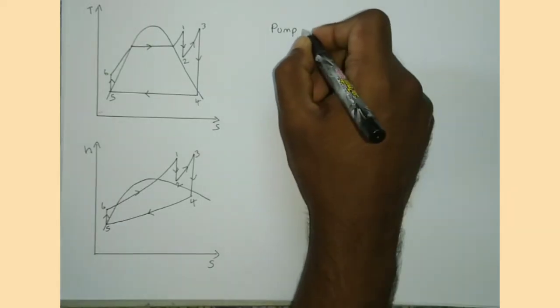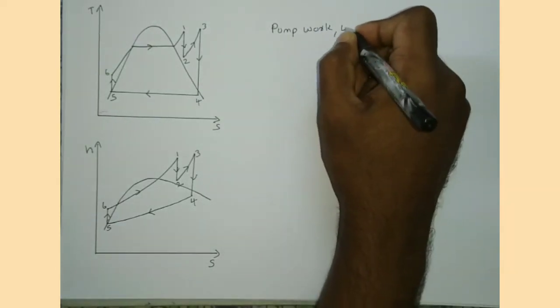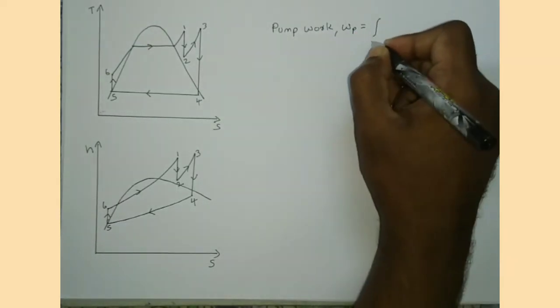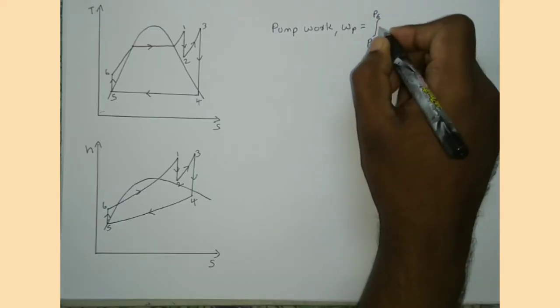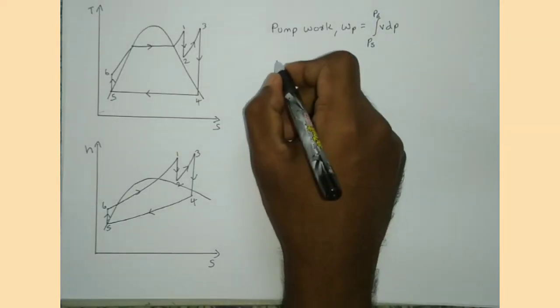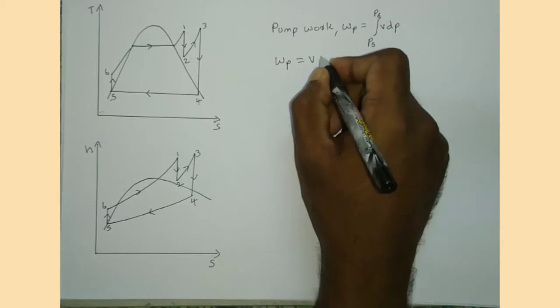The equation for pump work is WP equals integral P5 to P6 V dP, that is WP equals V into (P6 minus P5).